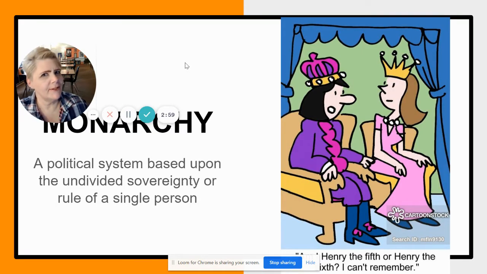And here is the monarchy. Now, the monarchy, yes, they have a succession of power based upon bloodline, okay? But it doesn't necessarily have to be from the same family, okay? And when you're going through history of monarchies, you will discover that, at times, a king might not have had a son to take over power when he passed away.